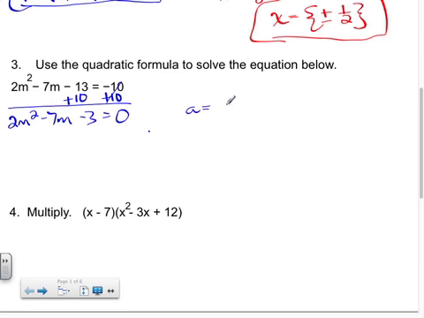Okay. Which are what? A is 2. B is negative 7. And C is negative 3. Good. Okay, now somebody else help me write my equation. Plus or minus comes over here. What comes before that? Is it negative 7? Negative 7 becomes 7.